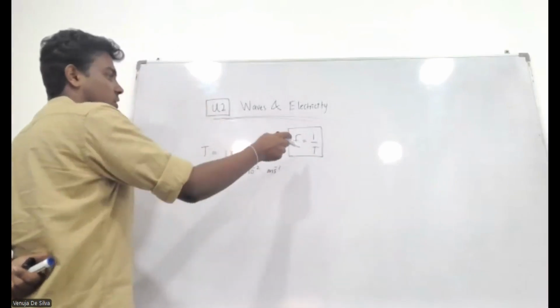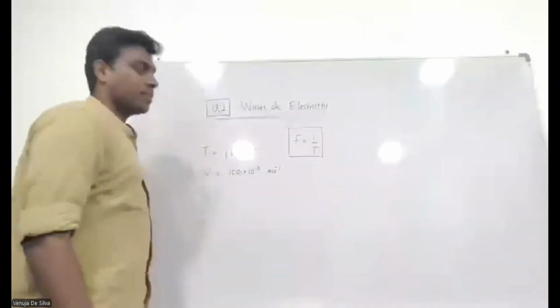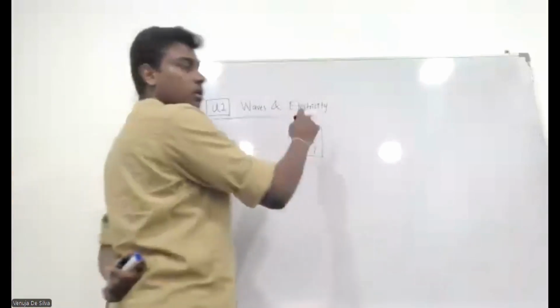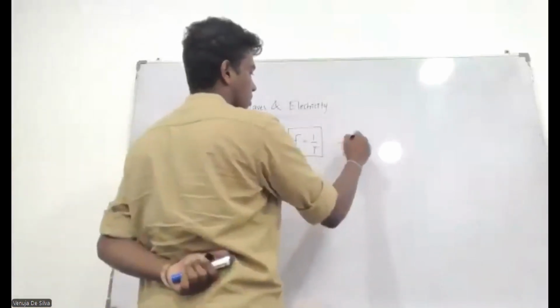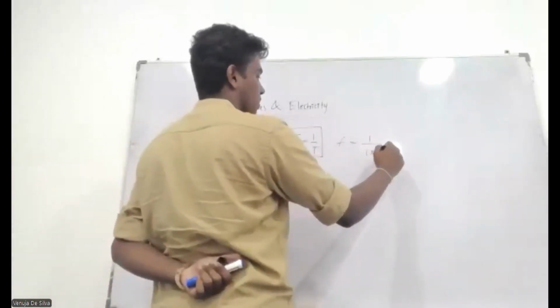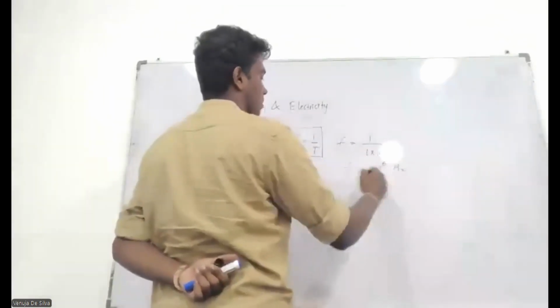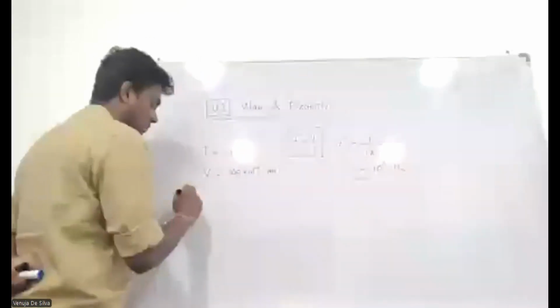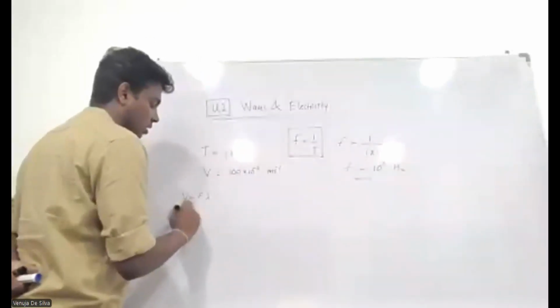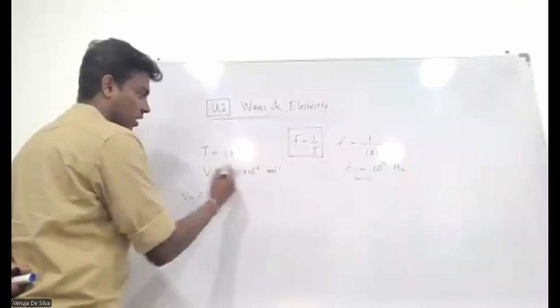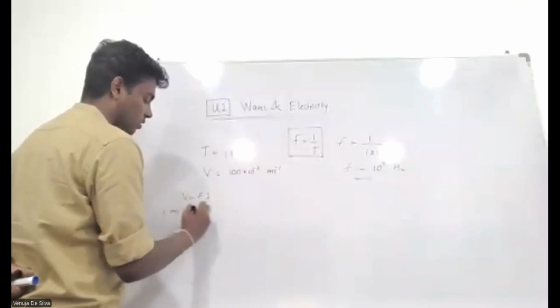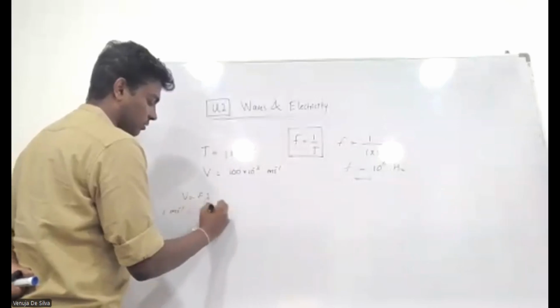We use it here. Then what happens? T is 1 times 10 to the power minus 6. This goes up. So the frequency becomes 1 over 1 times 10 to the power minus 6. You get f is 10 to the power 6 hertz. You know v equals f lambda, right? Then this becomes 1 m s minus 1 equals 10 to the power 6 lambda.